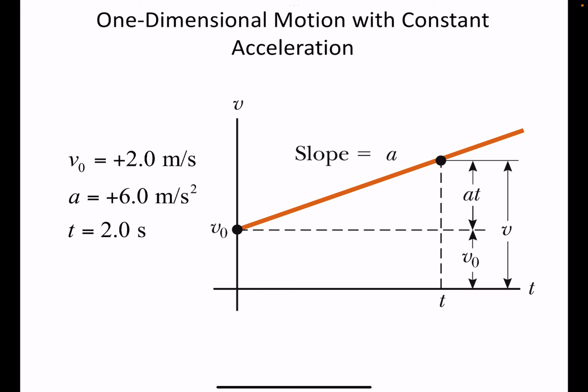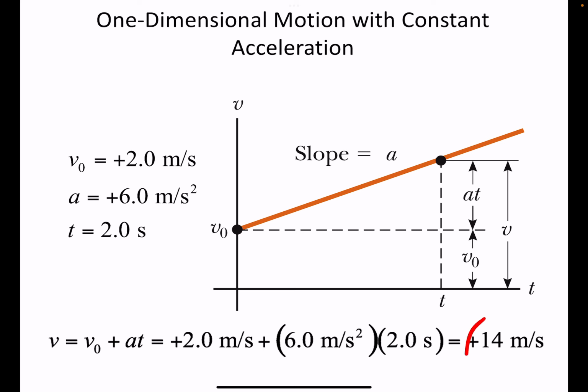Let's look at an example. Let's say a car starts with a velocity of 2 meters per second to the right and accelerates to the right with acceleration 6 meters per second squared. Putting in the numbers and calculating, we find that the car will have a velocity of 14 meters per second after 2 seconds have elapsed.